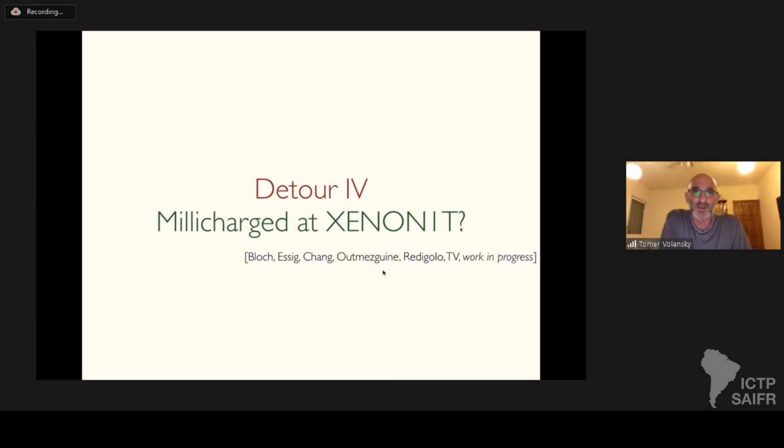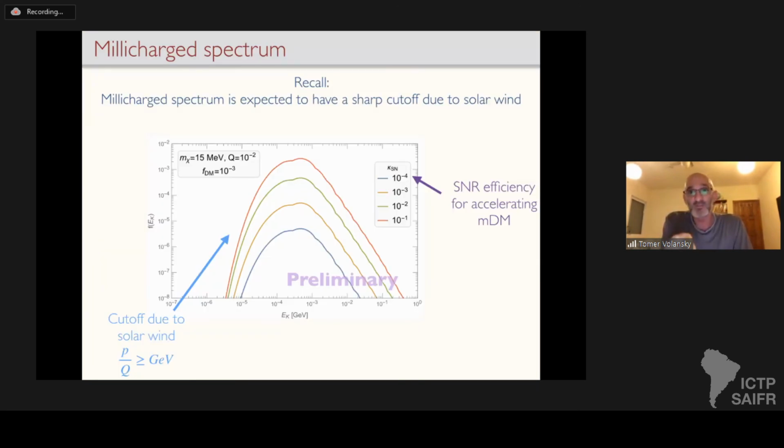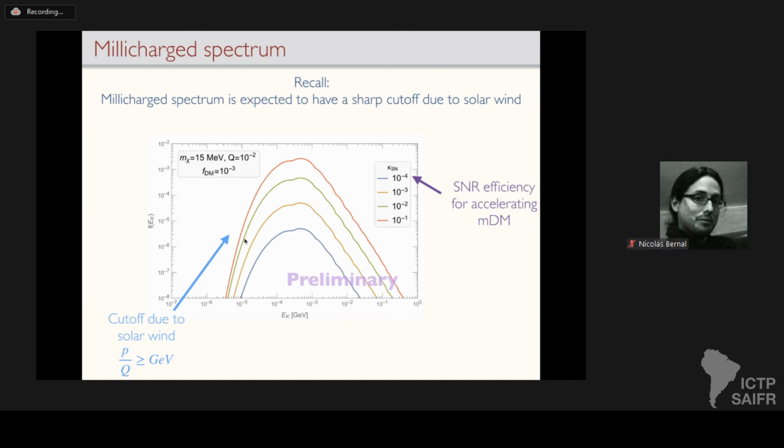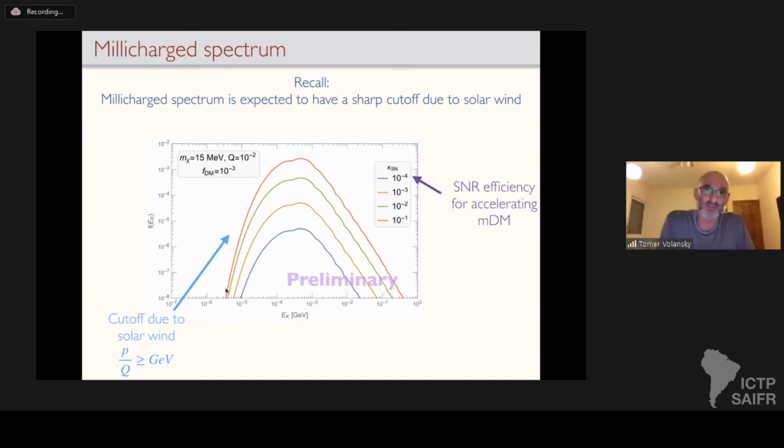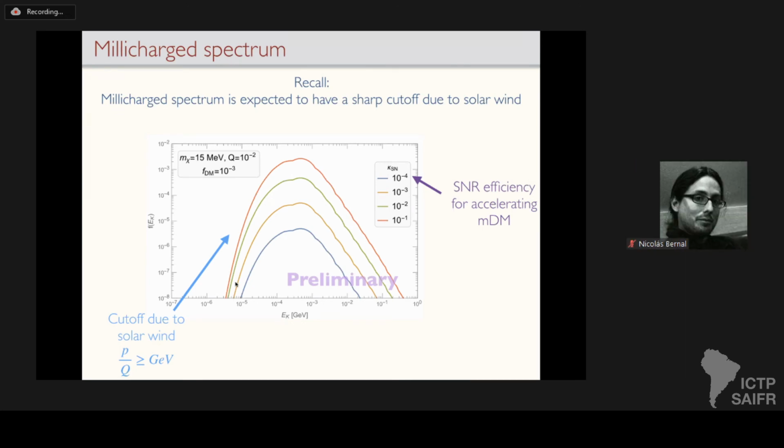All right, I'm going to skip the scattering, and I wanted to discuss one more work in progress, and just two more slides, which are the milli-charged again. So this we've seen already. This is the milli-charged dark matter, and I've mentioned that there's this cutoff because of the solar wind. But remember, you get this spectrum, which is cut off at roughly a keV energy, and keV energy is exactly what you want.